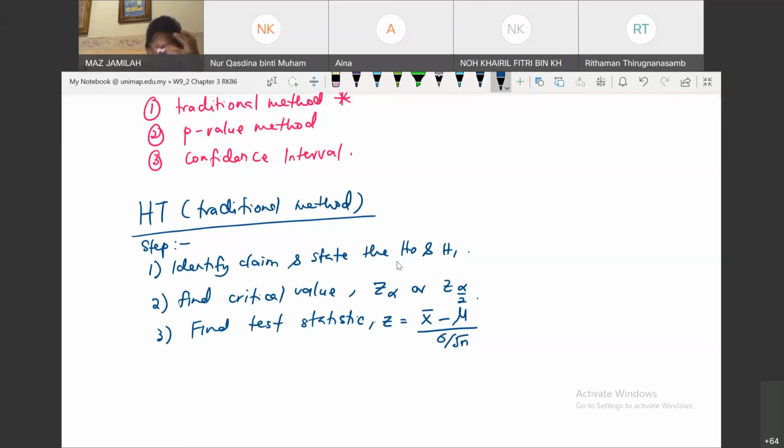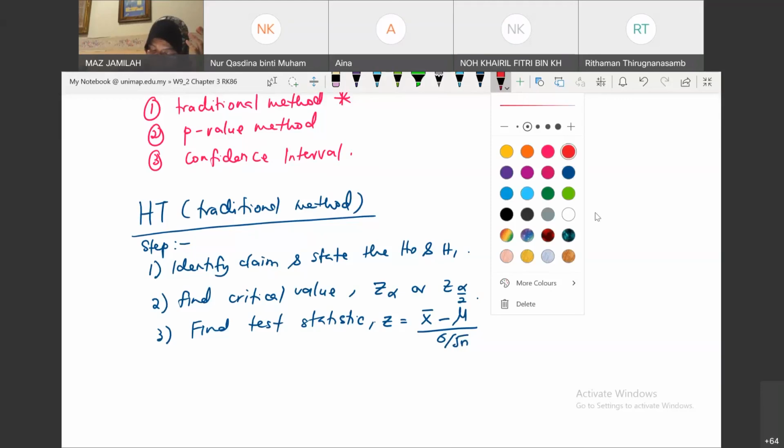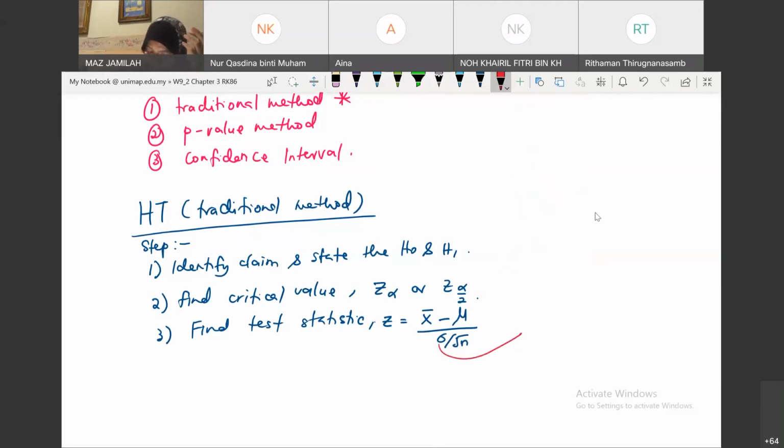When we talk about sigma, remember again, class, it is either known or unknown. If known, you will use sigma. If unknown, you will approximate using S. For unknown sigma, there will be 2 cases, n less than 30 and greater than 30.